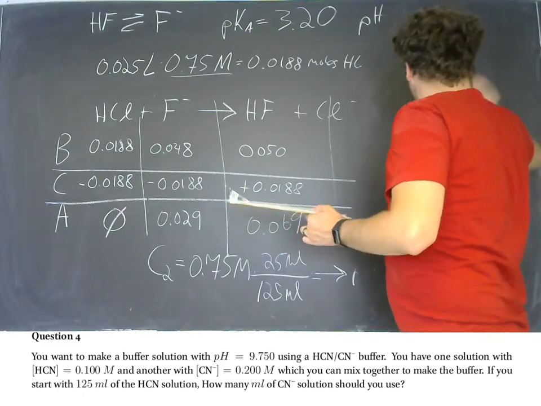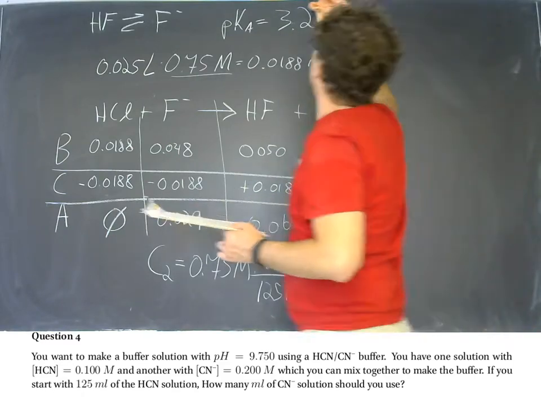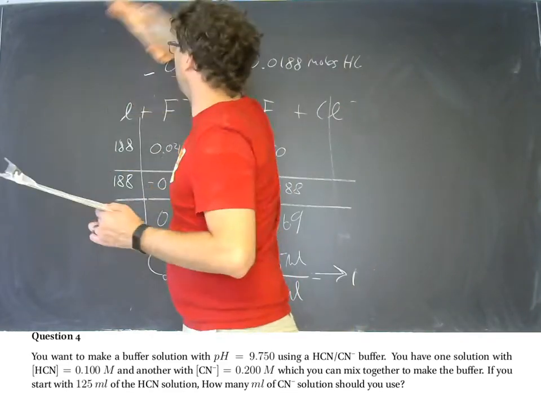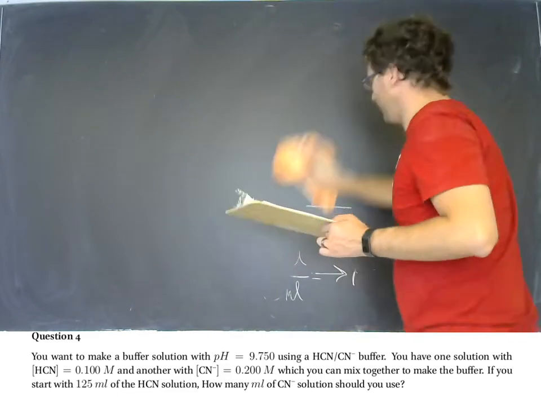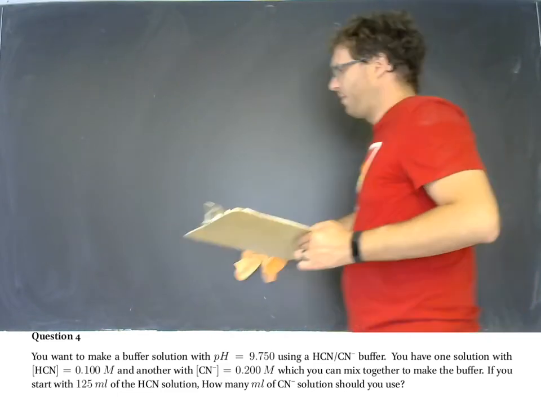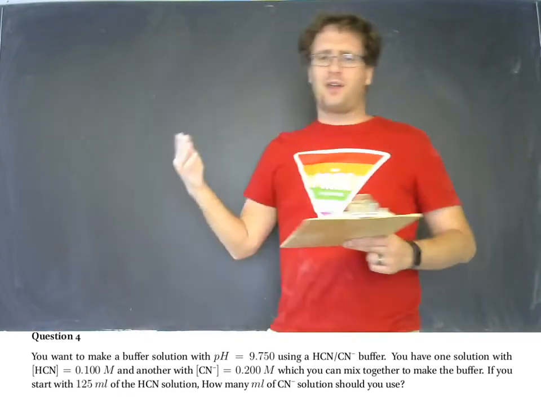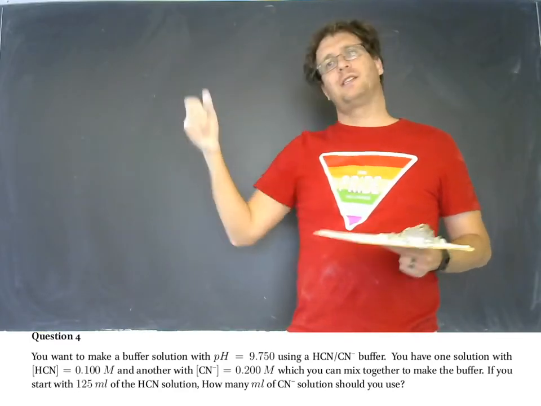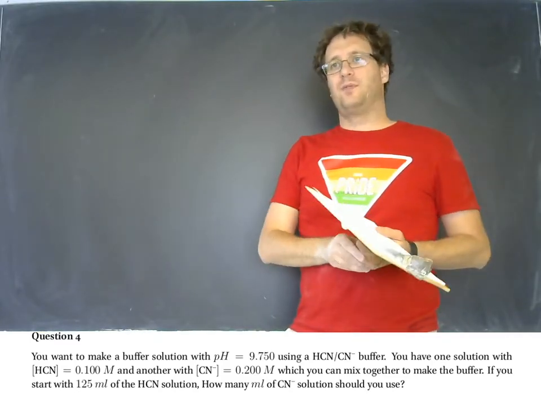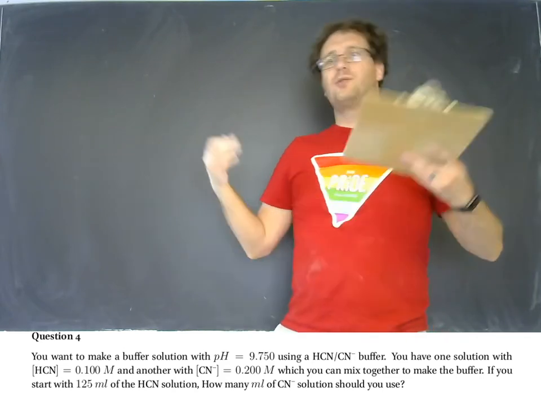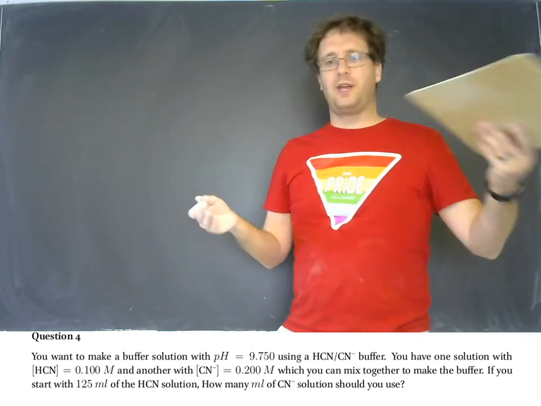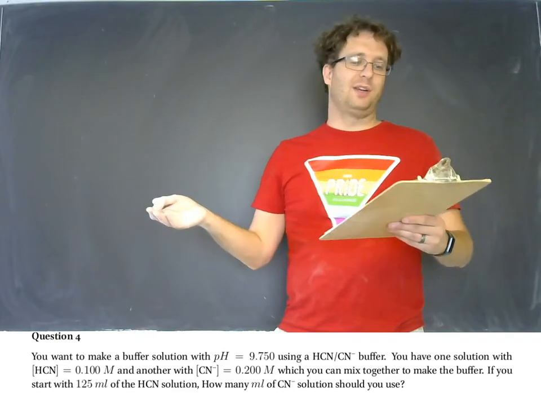Okay, so this is just a different way of creating a buffer. And there's actually 100 different ways to make a buffer. So I don't apologize for showing you 2 different ones on one quiz. And you should really realize that it all comes down to that ratio of base over acid. I could have 2 solids that you add to pure water, 2 aqueous solutions, 1 aqueous solution and 1 solid, like we did in question 2.